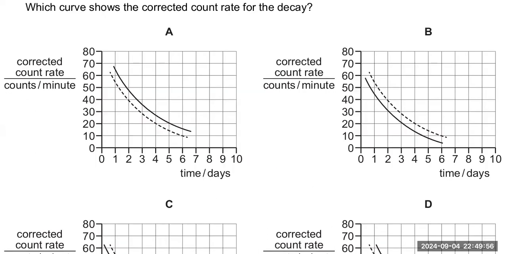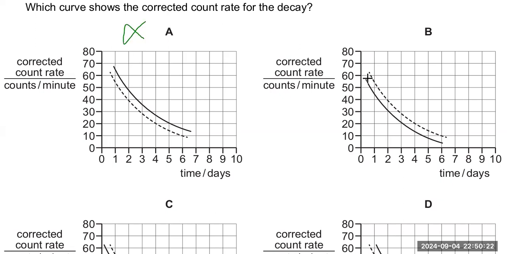Look at option A. When you subtract the background radiation, the plotted line should be lower. But in that case, it is showing that your count rate is increased. No, when you are subtracting something, the value should decrease. But this graph shows the value is increasing. So this is the wrong option.